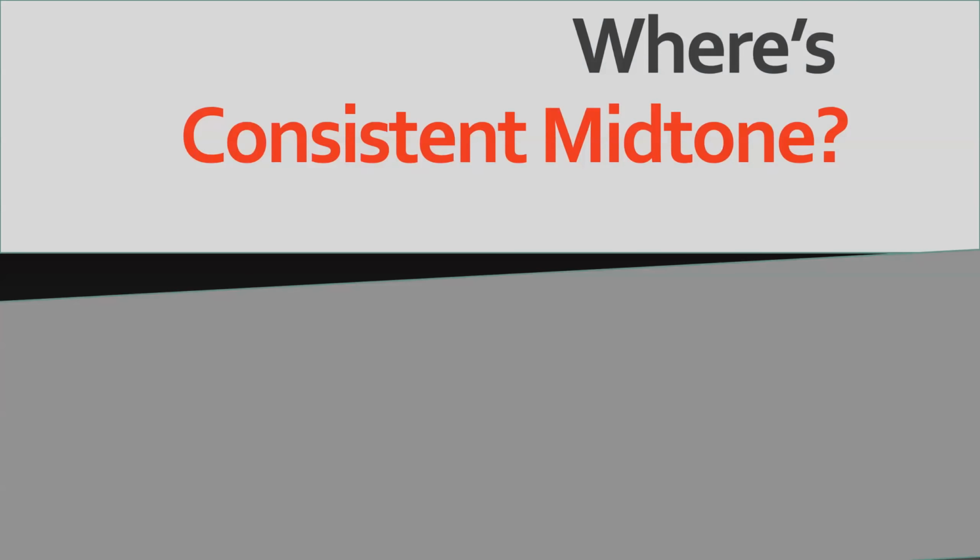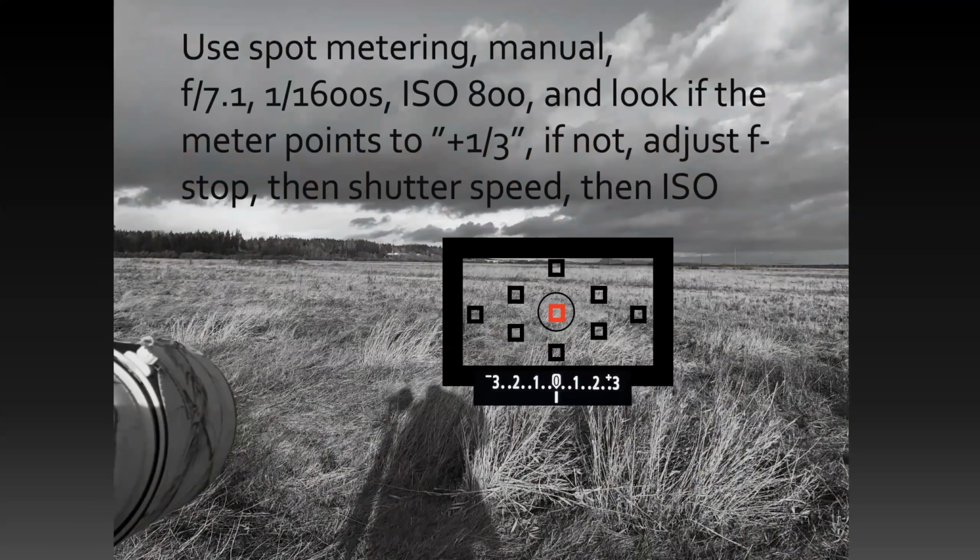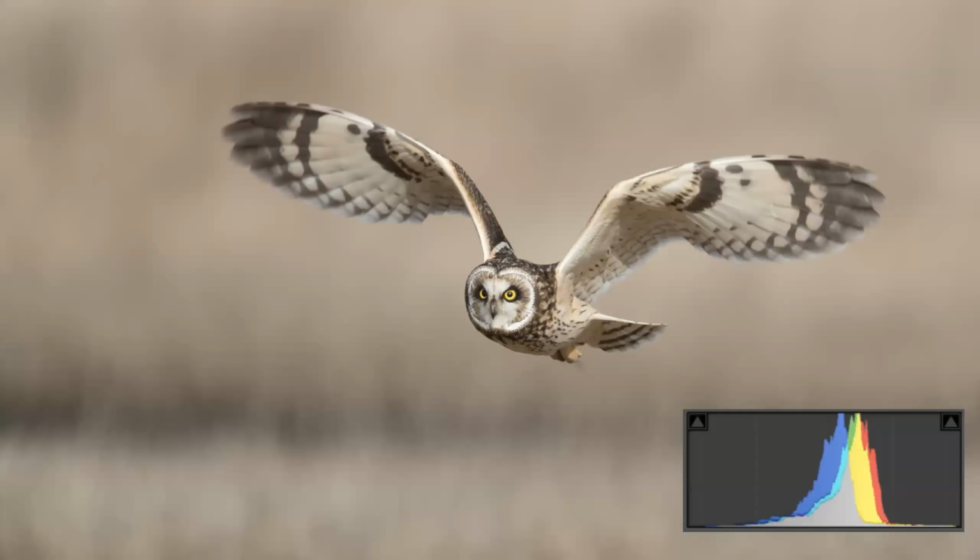But it's very easy. So this is how you get birds in flight. Turn it into spot metering instead of evaluative and matrix metering. Find something that is mid-tone color, which is kind of like gray in black and white. The tall grass in the back is kind of this color.